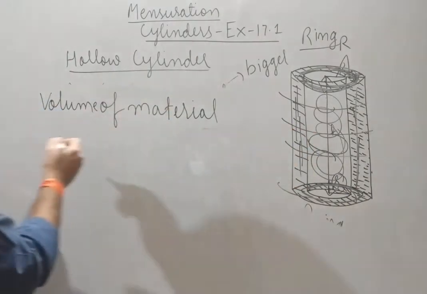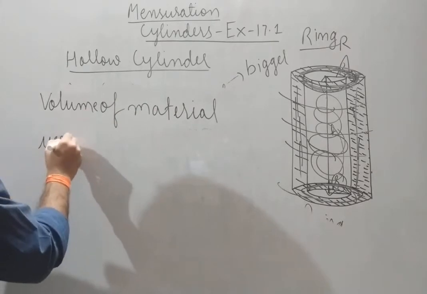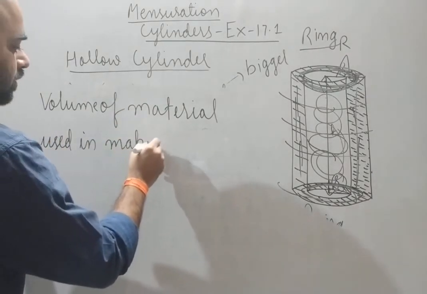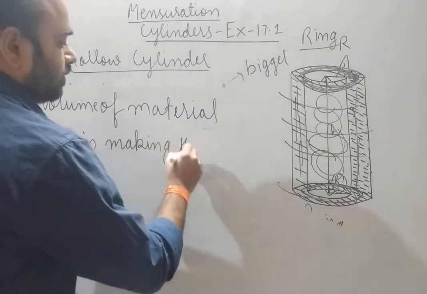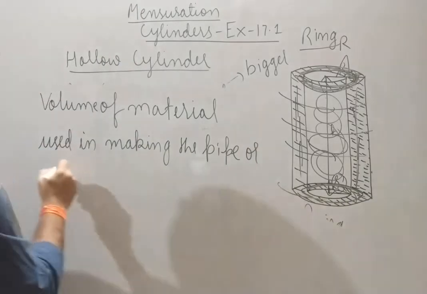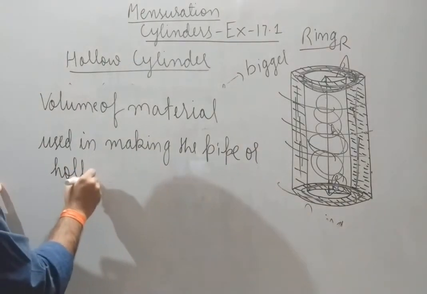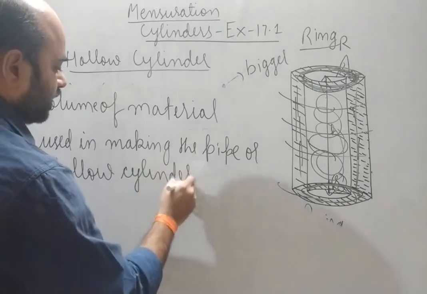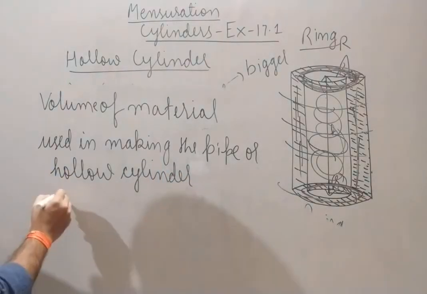So volume of material used in making the pipe or hollow cylinder, or simply volume of material used in hollow cylinder, that will be seen.